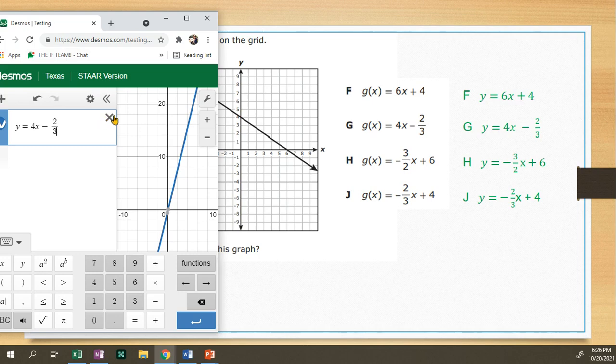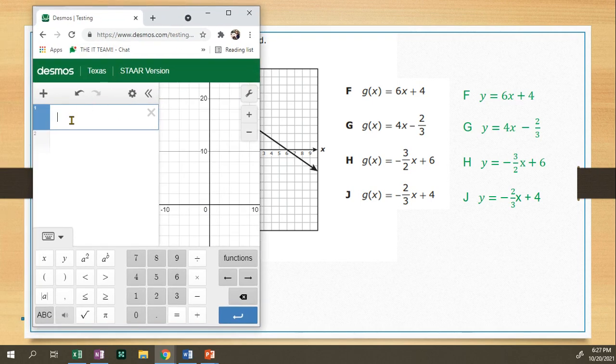So we go on to answer H. Answer H, we type in y equals negative 3 divided by 2. And here we do have to arrow out because we are on the bottom half of that fraction. If we don't, we kind of get trapped down there. x plus 6.